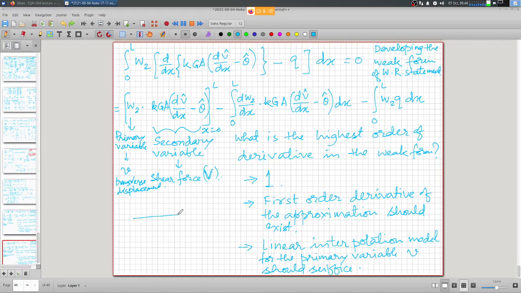So we have node i, node j defined as xi, xj. So Ni and Nj, the linear interpolation model is simply given by x minus xj divided by xi minus xj, Lagrangian interpolation.